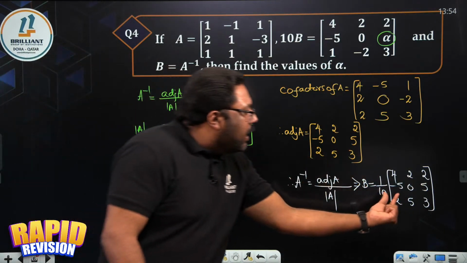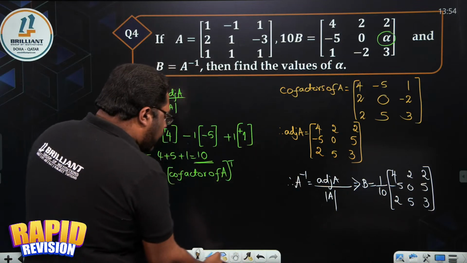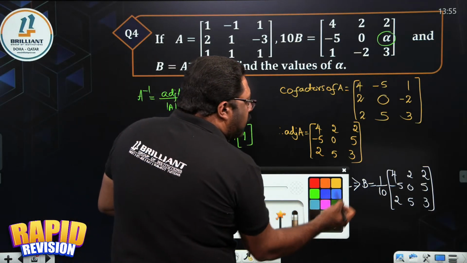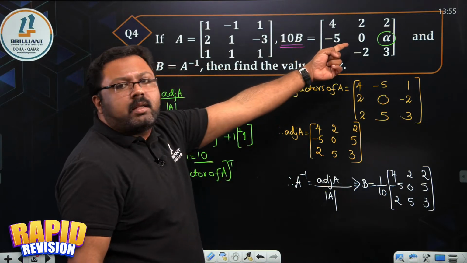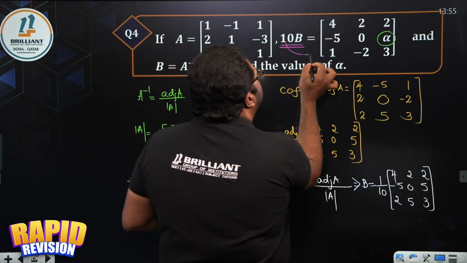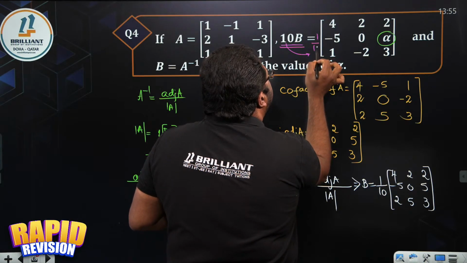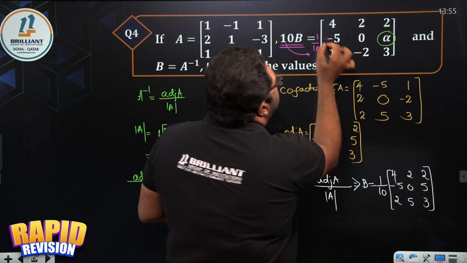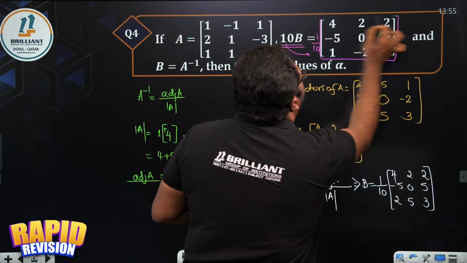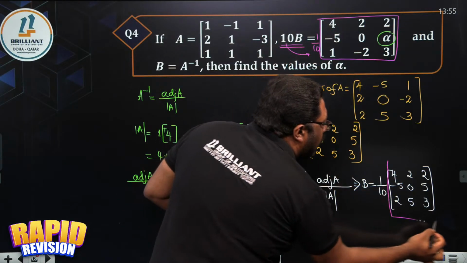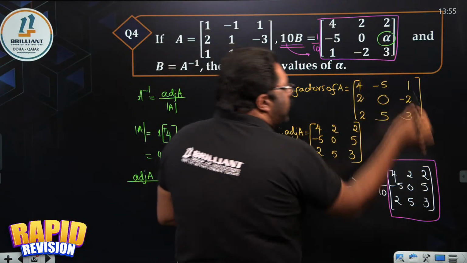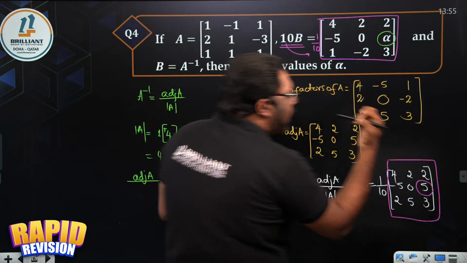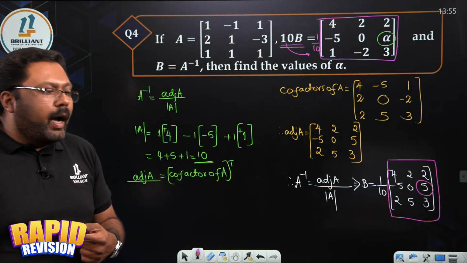You can easily compare this with the situation given in the question. The question clearly says 10B is equal to that. So if I take this 10 to the left side, 1 by 10 of the matrix, can you see the exact same matrix has appeared over here? Please compare the position and you can see alpha is 5.